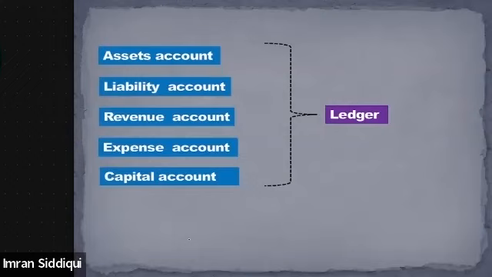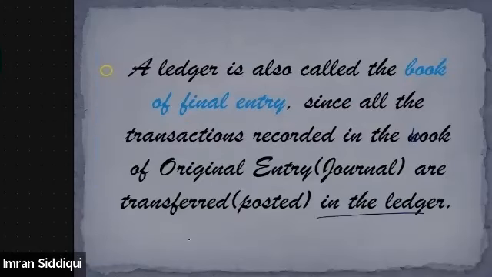So basically, all the different types of account are collectively called ledger. Asset, liability, revenue, expense, and capital, all of these are collectively known as ledger. All right, and please write this point as well.